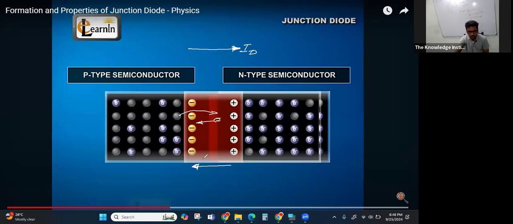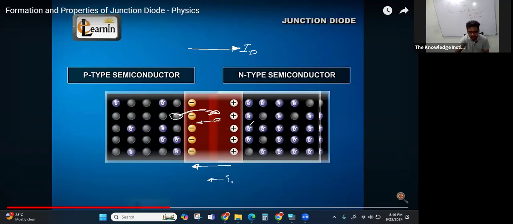There will be a small current due to that motion of the hole. We can consider that as I1. You can see the hole is moving from here to here, but due to this built-in electric field, its movement is reversed.